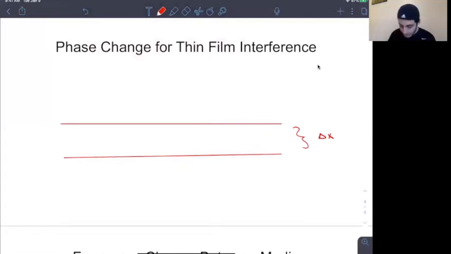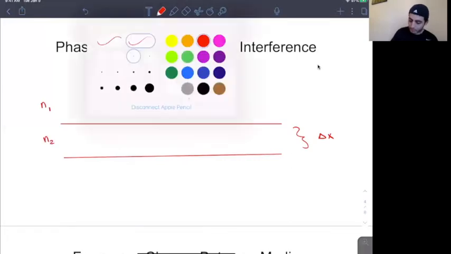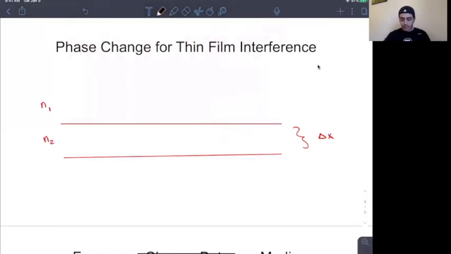And this is medium 1, and this is medium 2. When light comes in, this is our light ray. It can do two things: it can either be reflected by this medium here, or by this medium here. And we see that there are two different path length differences caused by this.